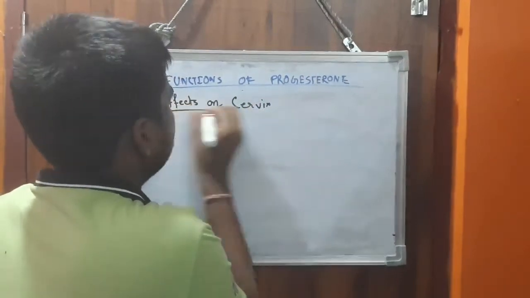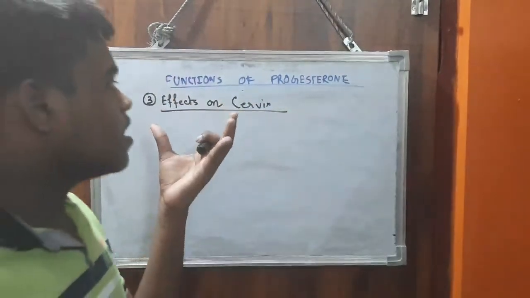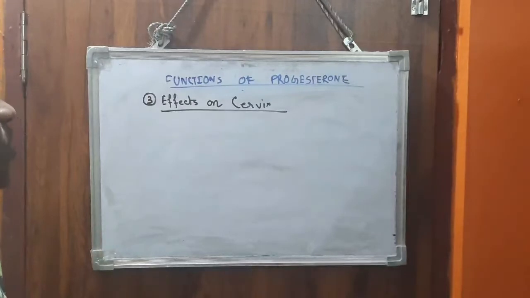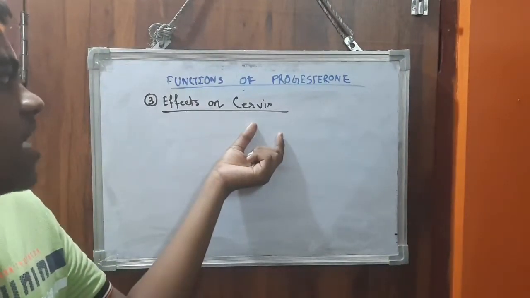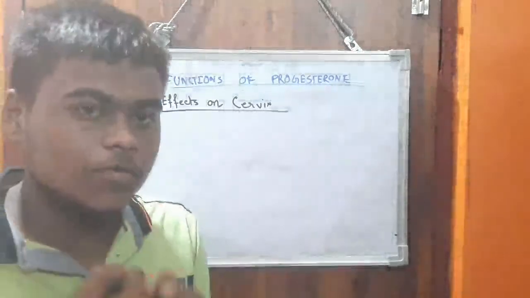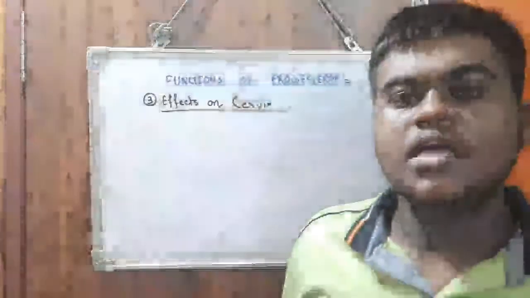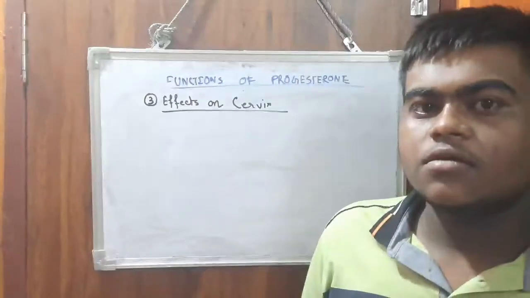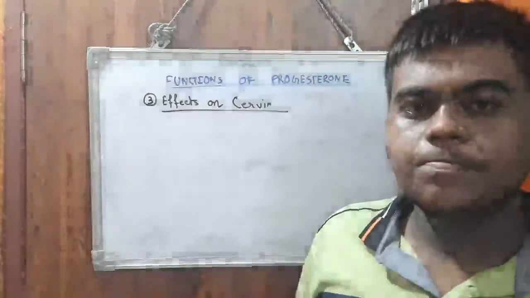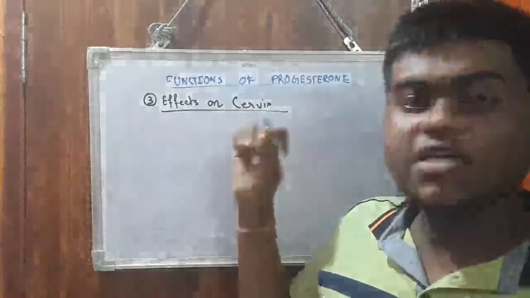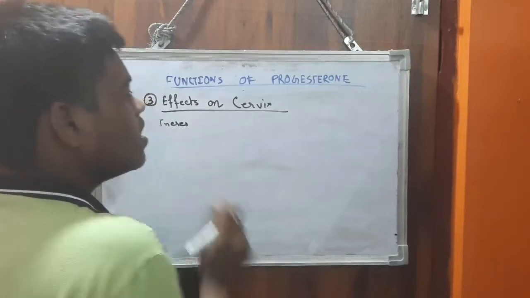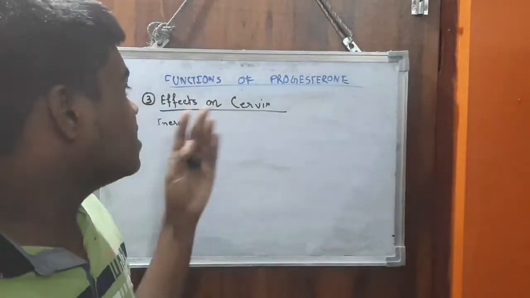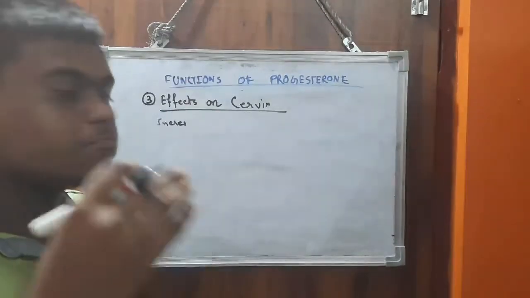So the importance of progesterone hormone on the cervix is that progesterone hormone increases the lining cells of the cervix mucosa, and thereby it inhibits the sperm transport to the uterus.